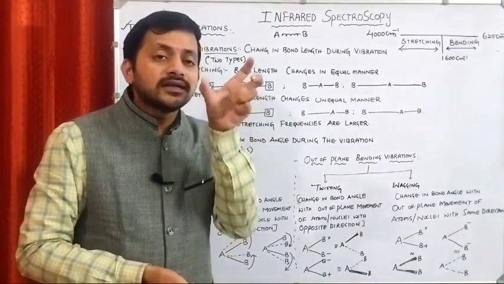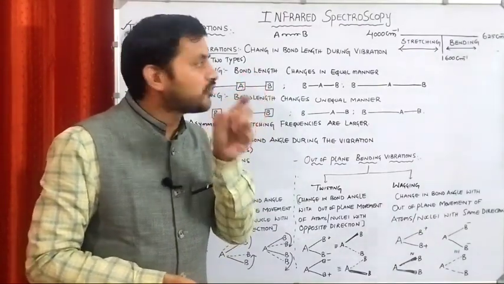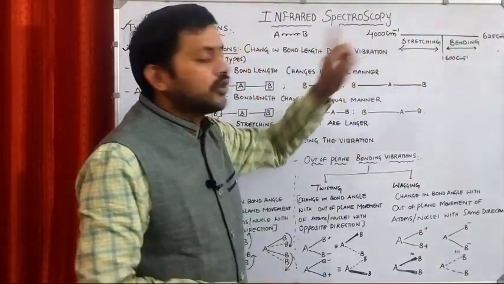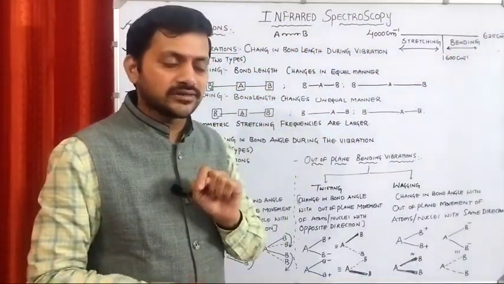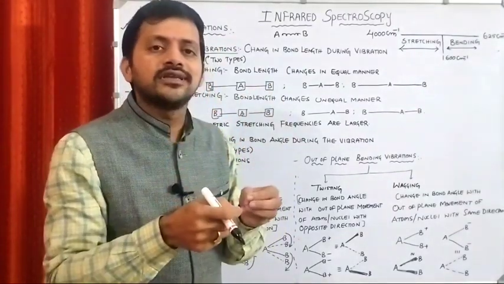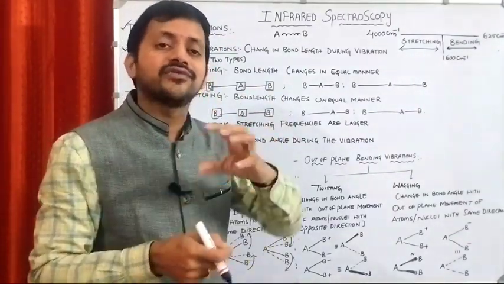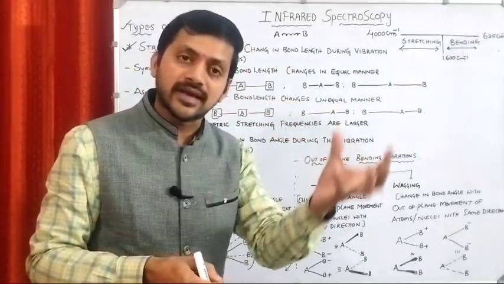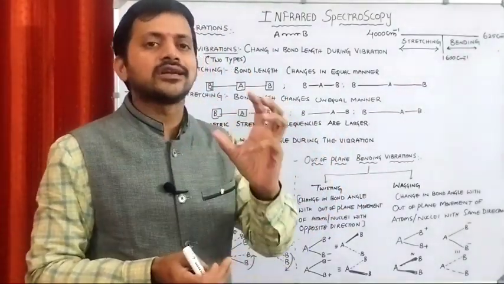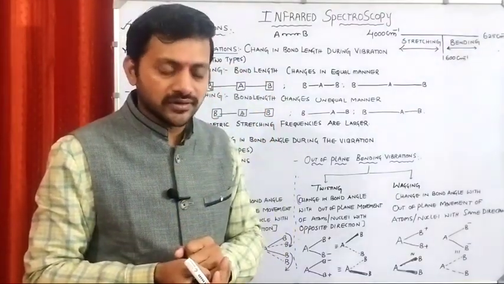Already we know the region of mid-IR, what is the region? 625 centimeter inverse to 4000 centimeter inverse. Already we had a clear-cut discussion that when this particular region of IR radiation interacts with the unknown sample, we are going to get proper information related to the functional group, right?